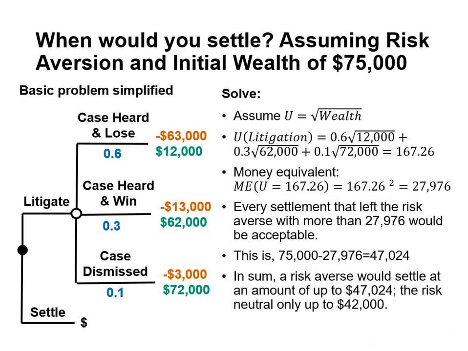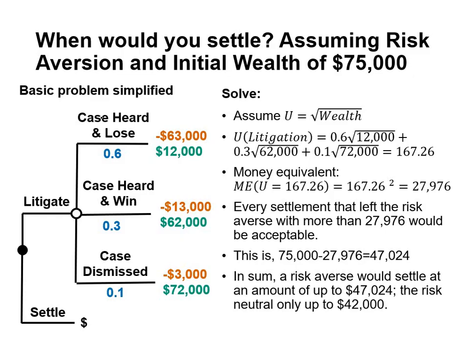So now in order to calculate the expected payoff, or actually the expected utility, we have to focus on the wealth associated with it and then convert it into a money equivalent. So now a risk-averse individual, we assume that the utility function is the square root of wealth, and then the utility of litigation is, with 0.6 we can expect 12,000, with a probability of 0.3, 62,000, and with a probability of 0.1, 72,000.